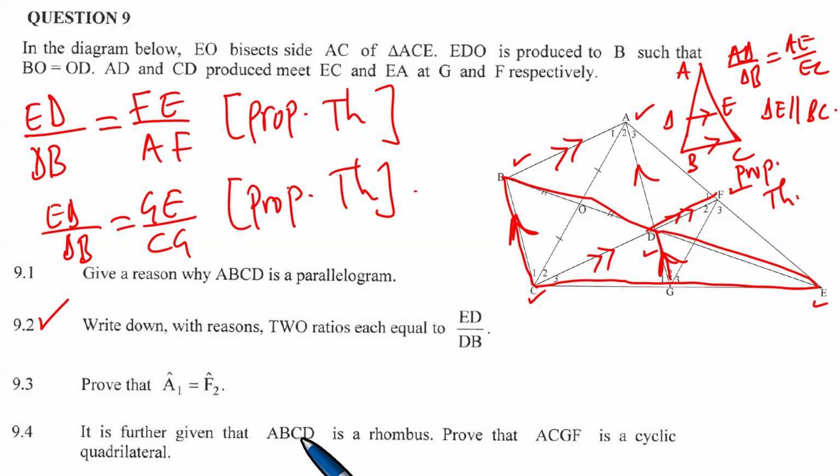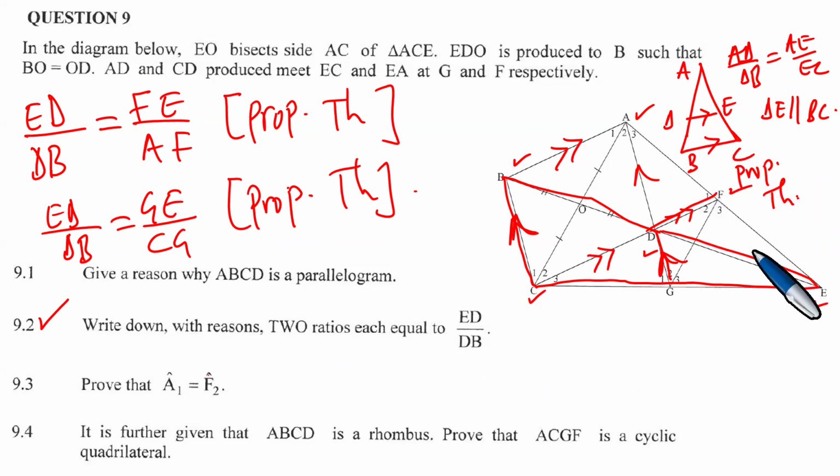So in 9.2, we are to write down with reasons two ratios each equal to ED over DB. The ratios are FE over AF and GE over CG, by the proportionality theorem. This theorem says that AD over DB is equal to AE over EC, as long as DE is parallel to BC.